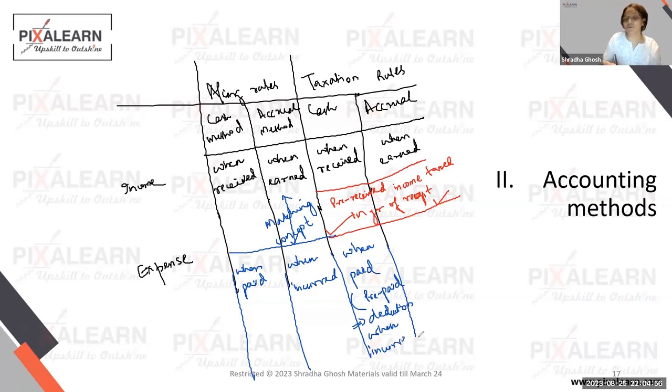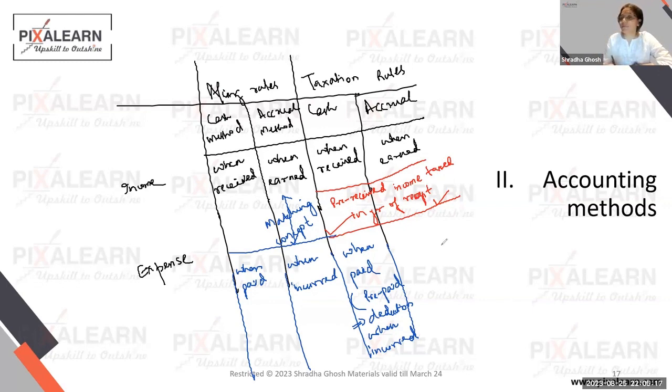That means I am not going to give you a deduction right away. If I pre-receive the income, pay tax on it right now. But if you prepay, I will not let you take the deduction in the year of payment. You'll have to wait to the period to which this prepaid applies, especially in case of prepaid rent.